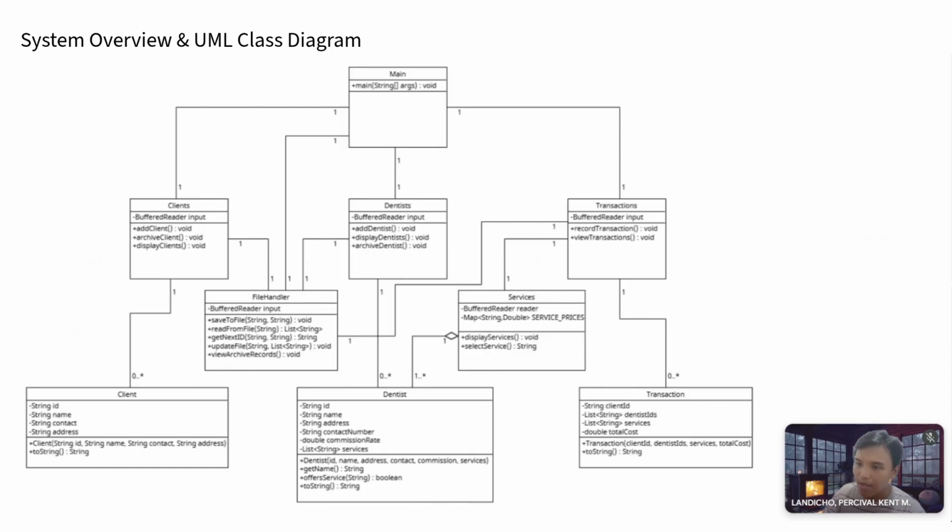One client manager can create 0 or more client records. Dentist similarly has an association with file handler and creates dentist objects in a one-to-many relationship. Transactions has an association with service for service selection, with file handler for saving records, and with transaction in a one-to-many relationship. One transaction manager can record 0 or more transactions.